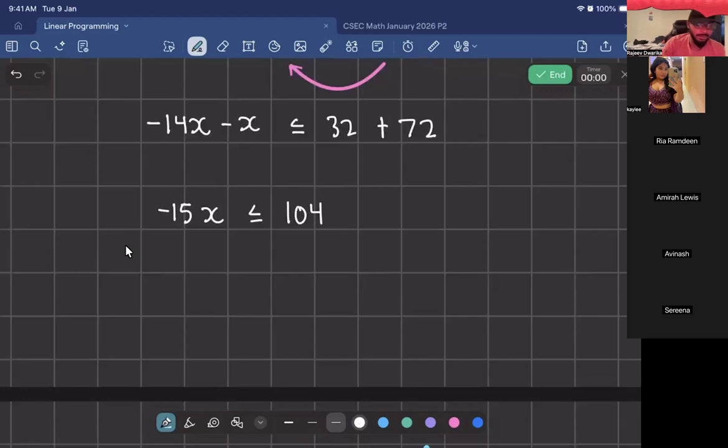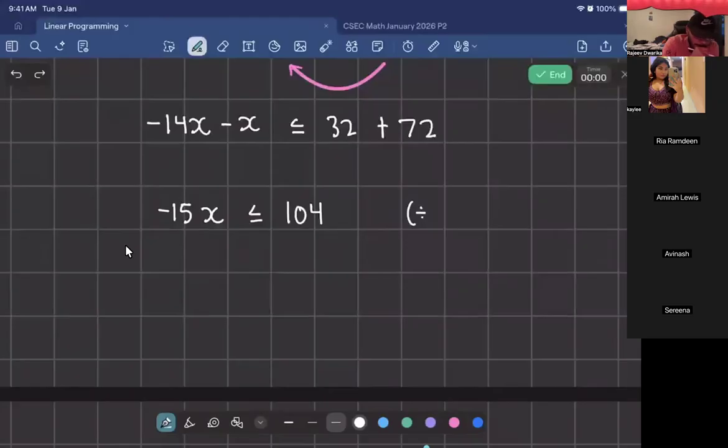What do I want to find? x. So what do I have to do on both sides? Divide both sides by something. I want to find x, right? Right now, x is being multiplied by what?